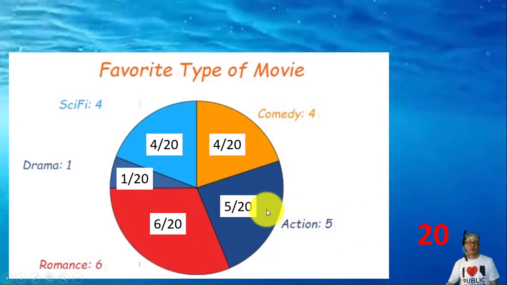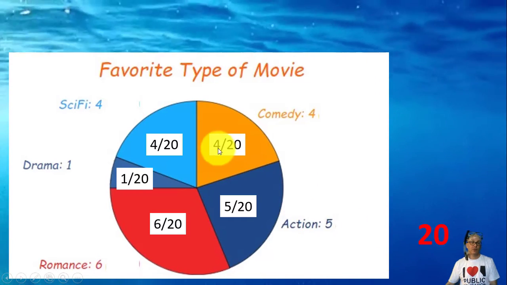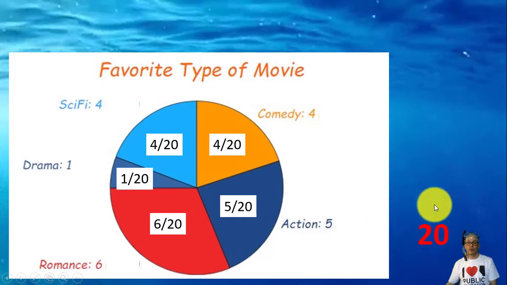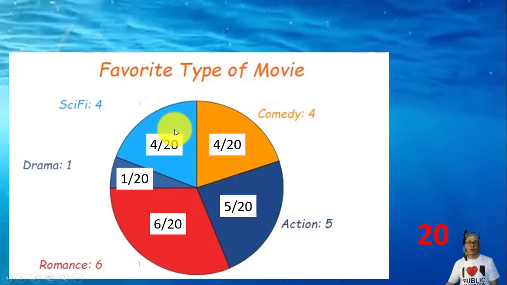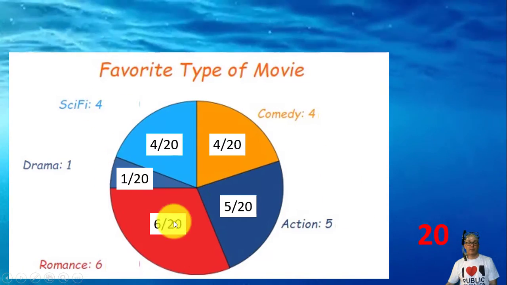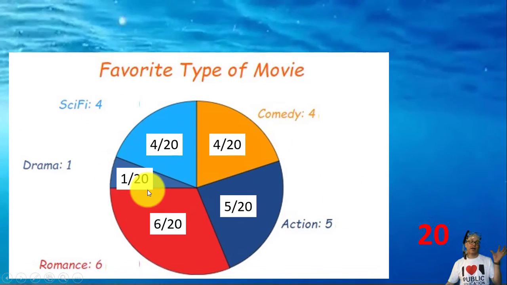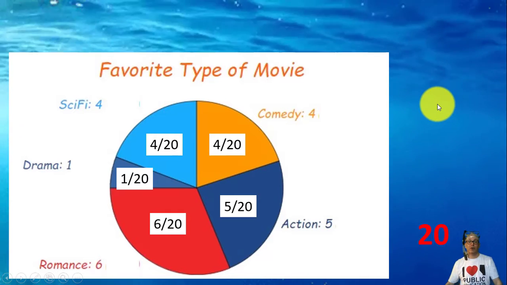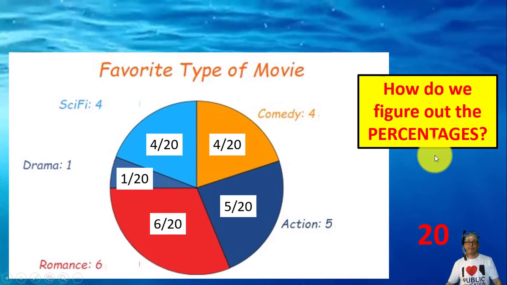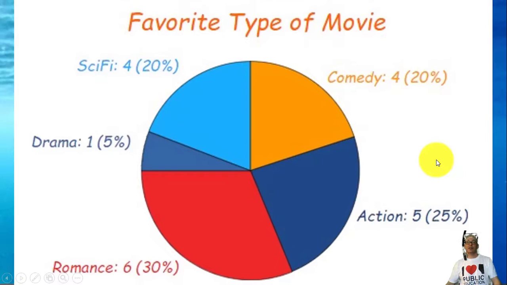We go 5 over 20, 4 over 20, 4 over 20, right? And we turn it into a fraction, and then we get our calculator, we figure it out, and what do we get? How do we figure out the percentages?